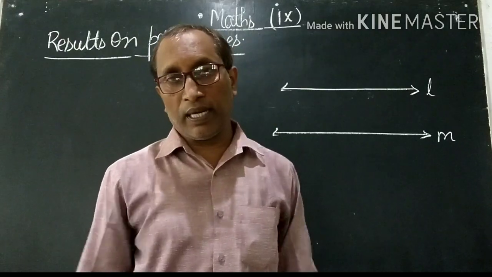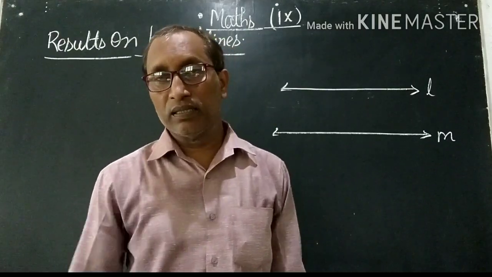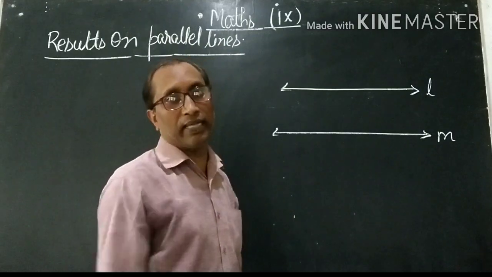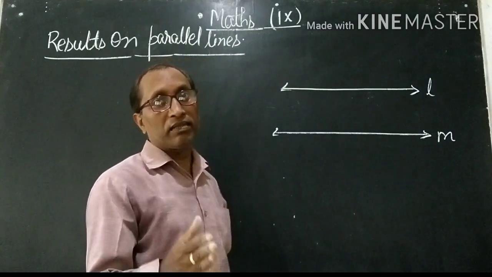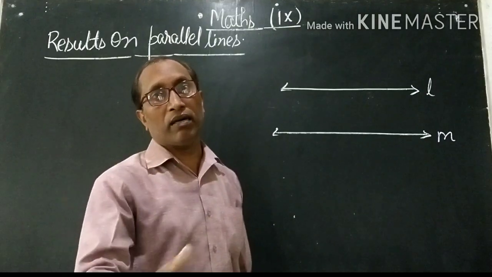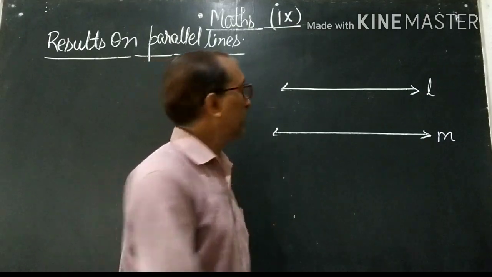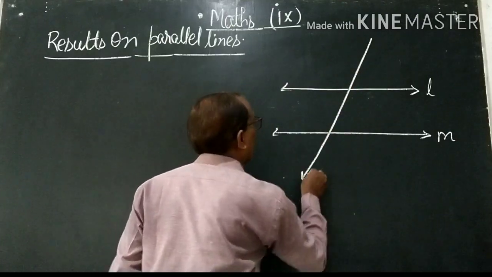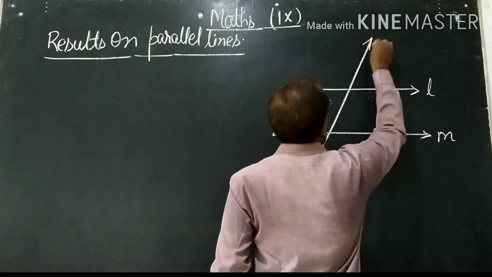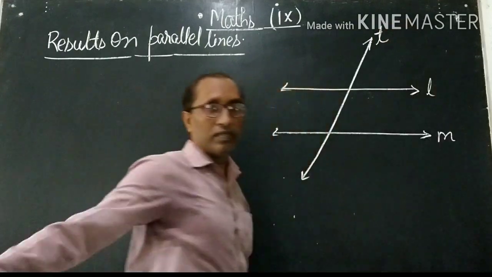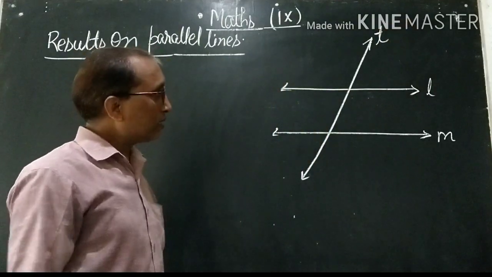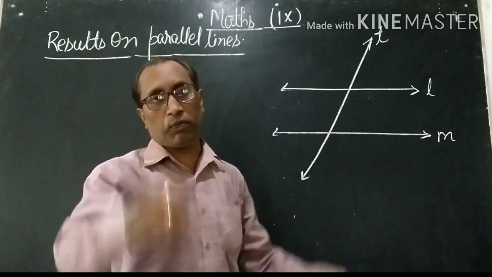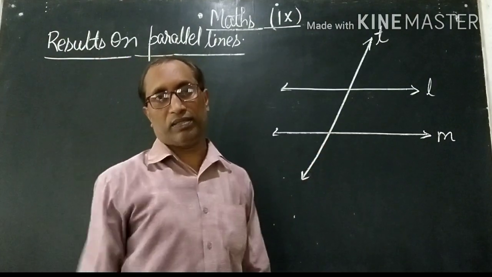What is a transversal line? A line which intersects two or more lines at different points or distinct points, like this. This is the transversal line T which intersects lines L and M at different, distinct points.